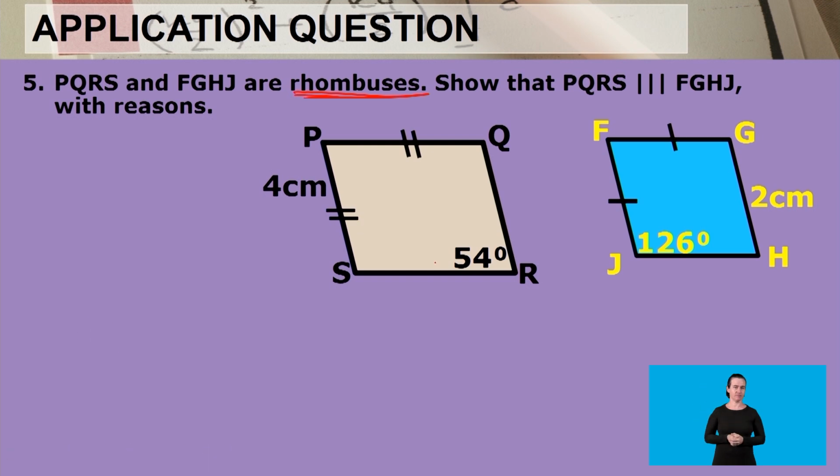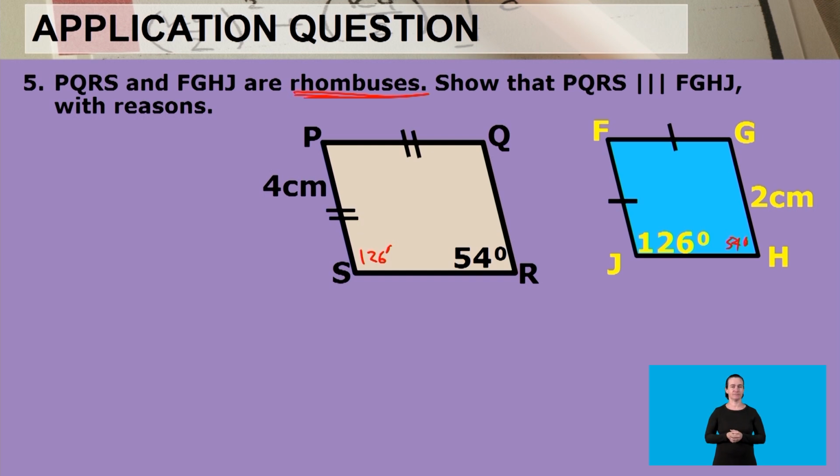We have an angle of 54 and an angle of 126. If it is a rhombus, that means the sides are parallel, and therefore 54 plus 126 makes 180. So this one is 126 as well, and that one is 54 as well.